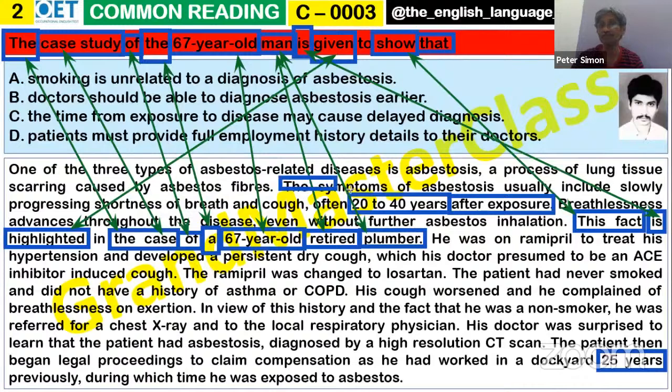The signs and symptoms of asbestosis usually include slowly progressing shortness of breath and cough, often 20 to 40 years after exposure. 20, a long time, 20 to 40 years. Often, in most cases, 20 to 40 years.